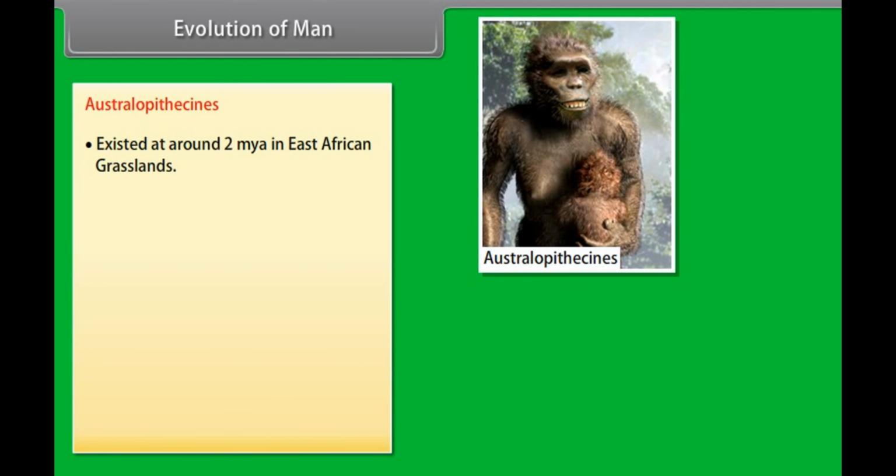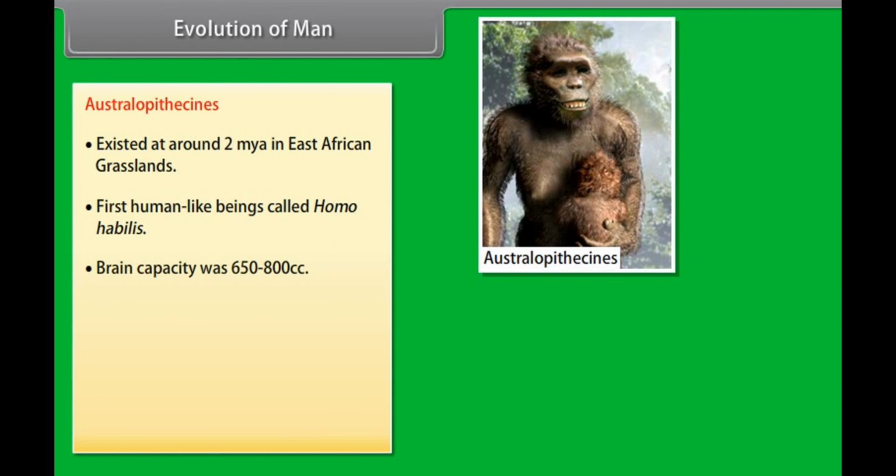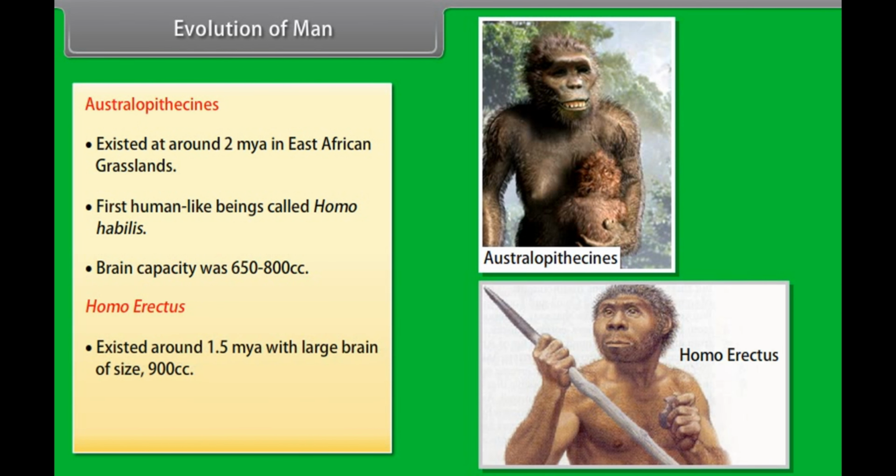Australopithecines existed at around 2 million years ago in East Africa grasslands. First human-like beings called Homo habilis. Brain capacity was 650 to 800 cc. Homo erectus existed around 1.5 million years ago with large brain of size 900 cc, ate meat.